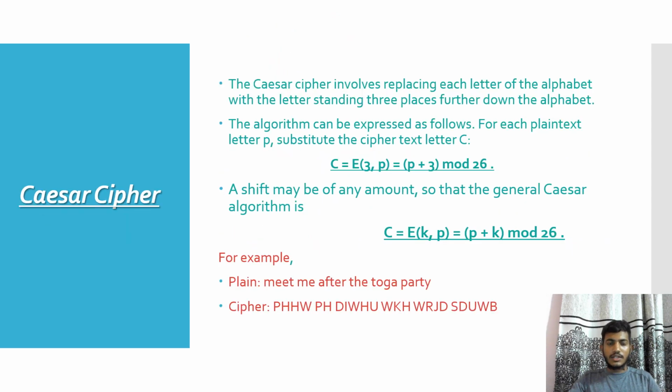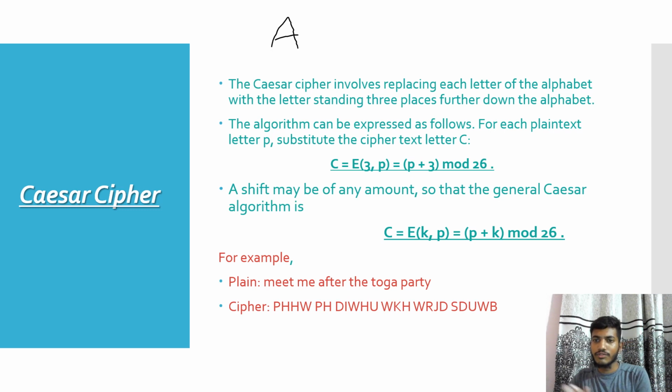Next, in substitution, comes the Caesar cipher. The Caesar cipher involves replacing each letter of the alphabet with the letter standing three places further down the alphabet. For example, A is the plain text.